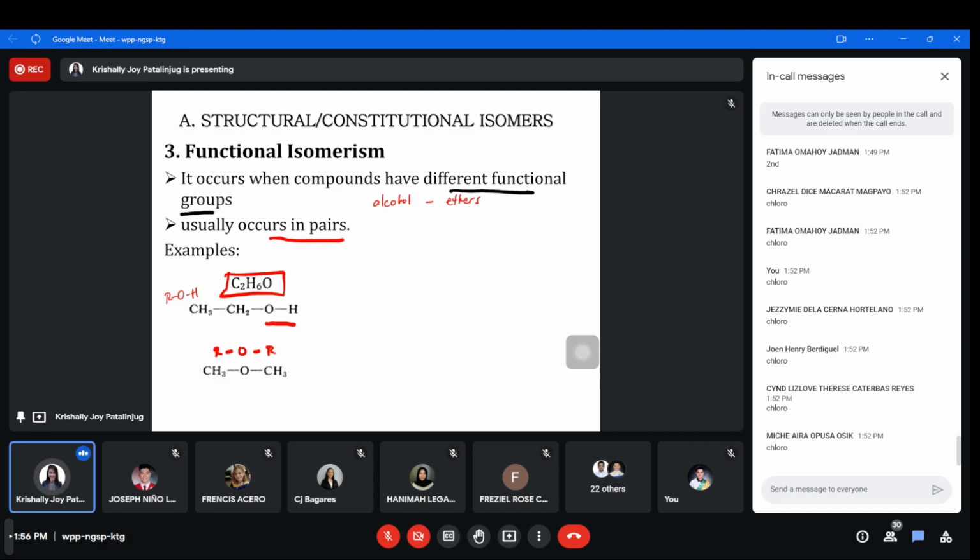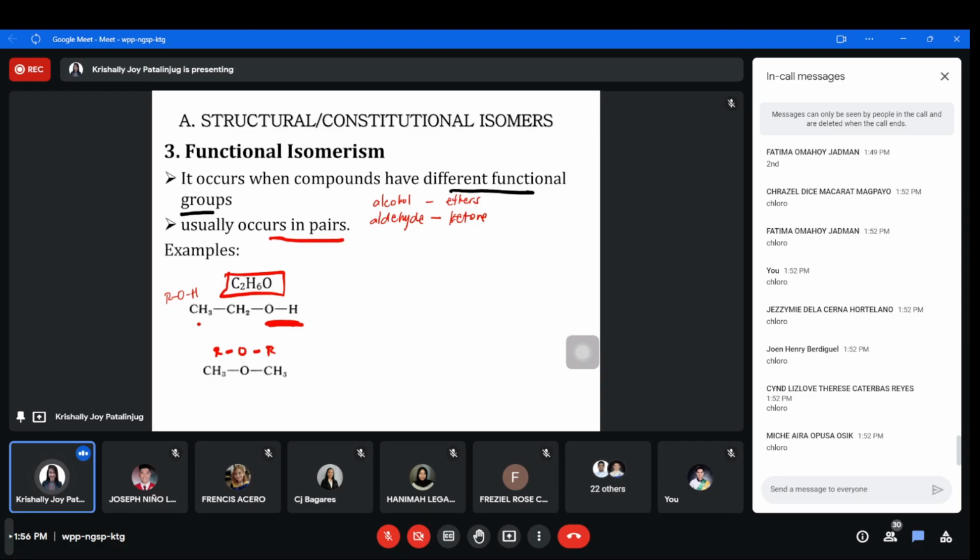Kapag naka-obtain ka ng alcohol on that formula, you could also obtain an ether from that formula. Another example, if you have an aldehyde structure obtained from a particular formula, you could also obtain a ketone from that structure. So kumbaga, it occurs in pairs. Yan yung ibig sabihin ng it occurs in pairs.